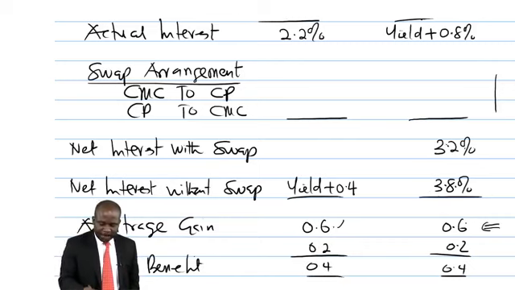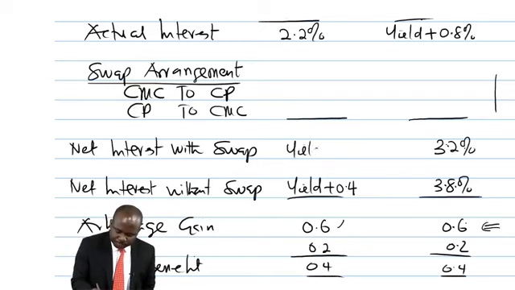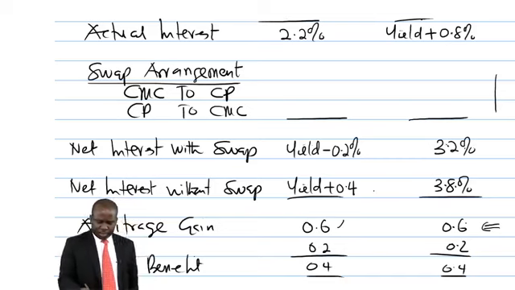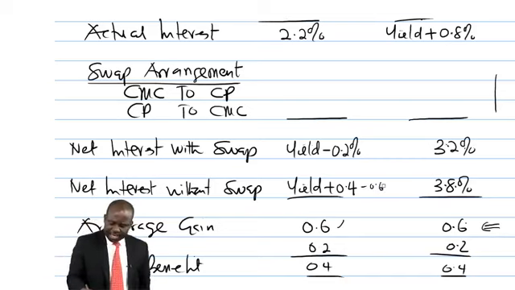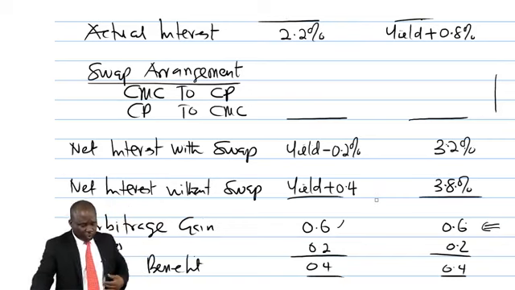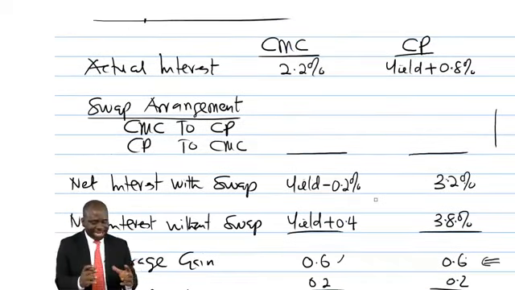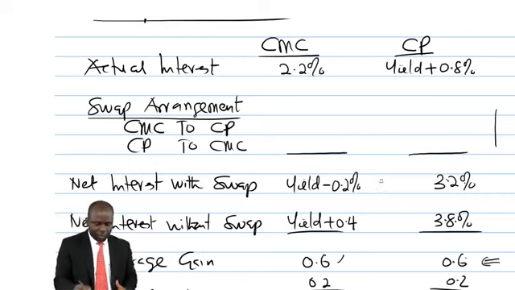So this minus that should also give us that. Yield plus 0.4 minus 0.6 will give me yield minus 0.2%, because this is minus 0.6 here, and that will give me minus 0.2%. So this is the case. So with the swap, this is what we're paying.